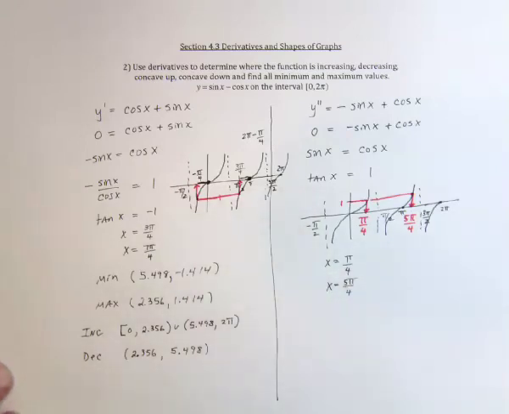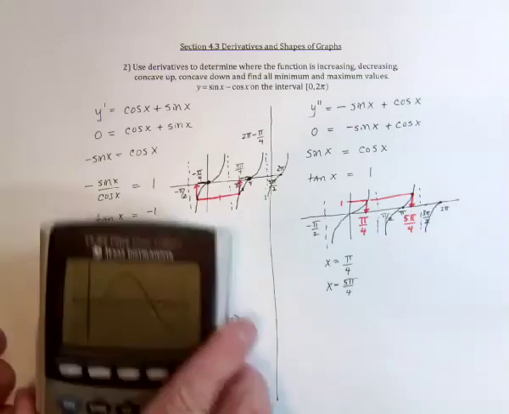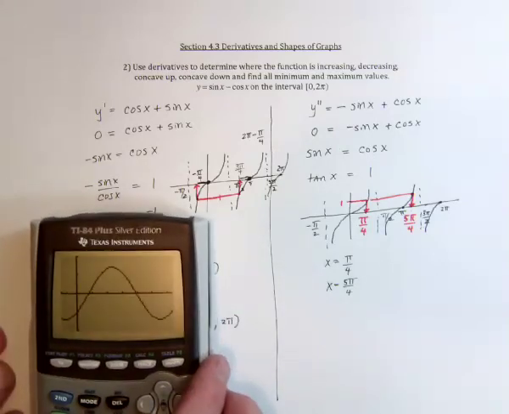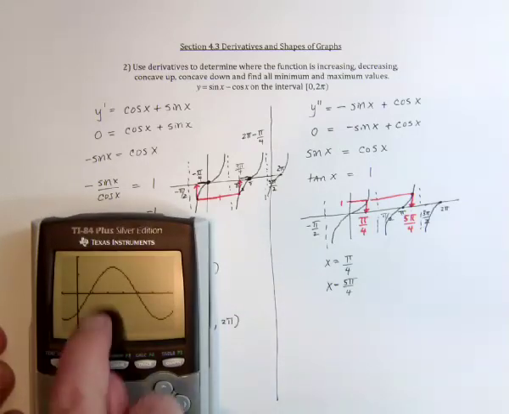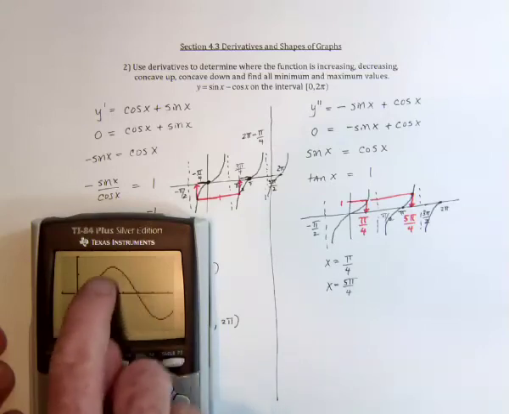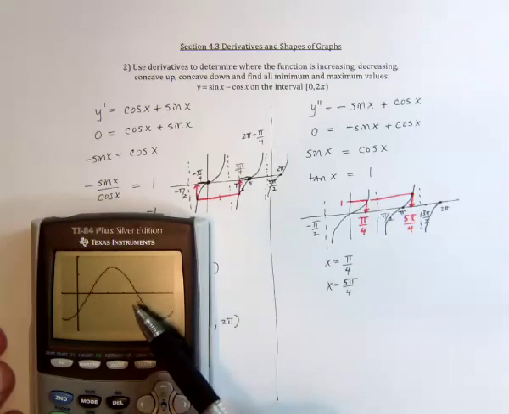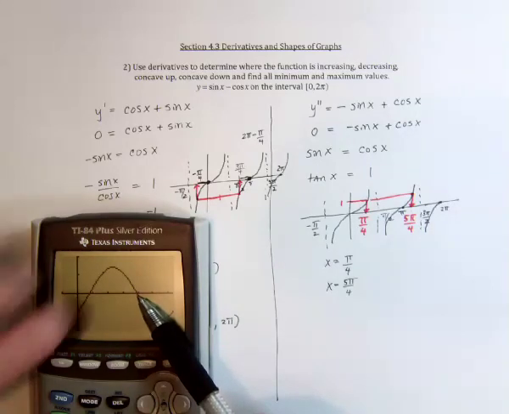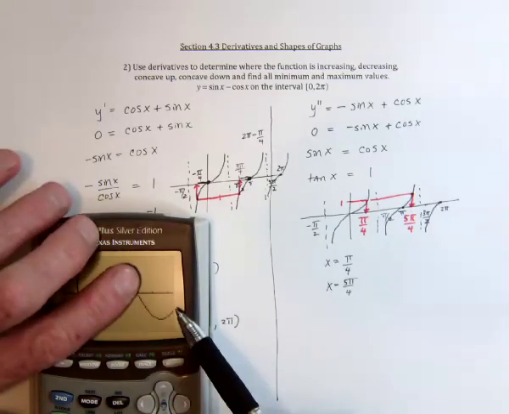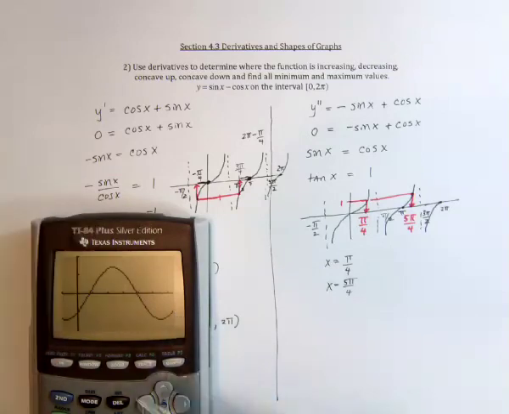And then these should be the critical values for the second derivative. In other words, where does it change from going concave up to concave down? So for example, all of this is concave down. Somewhere right about here or so, it changes and then it's concave up.